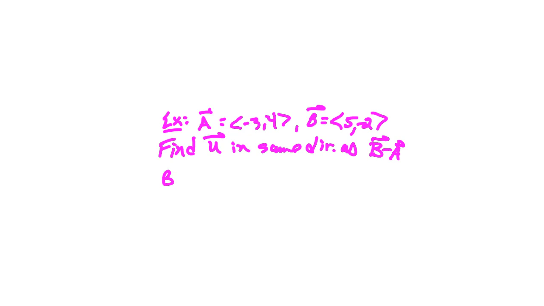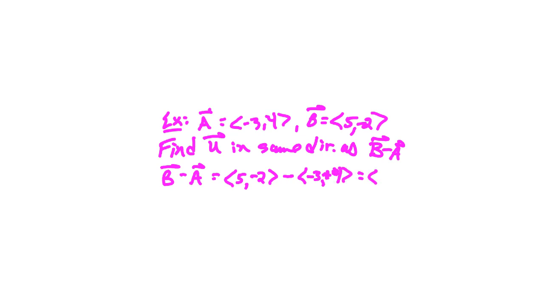Well, in this case, what is B vector minus A vector? This is in your notes. B vector is 5, -2, and I'm subtracting away -3, 4.